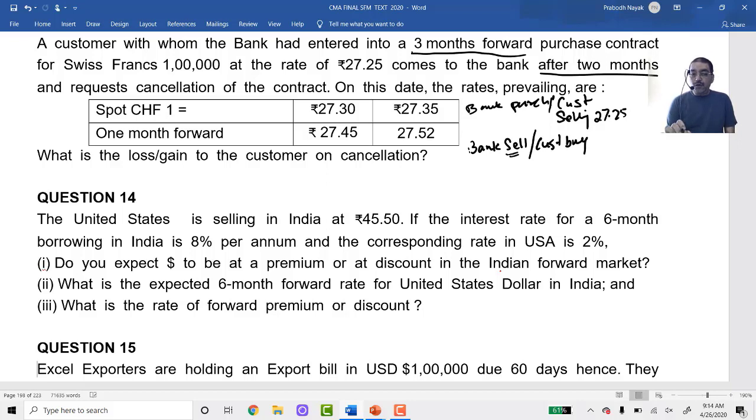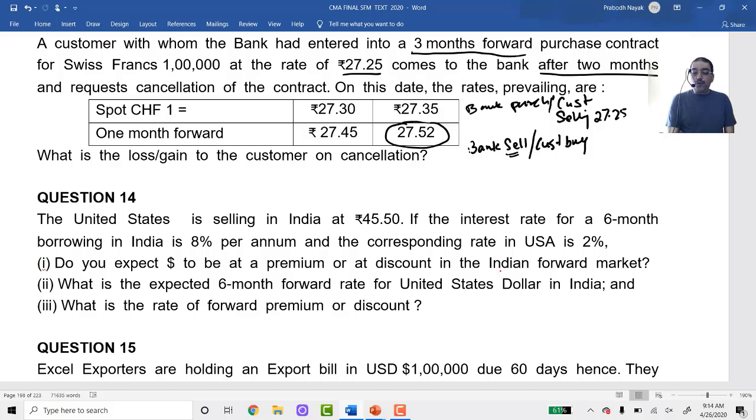Bank will sell. We are supposed to look at the rate from the bank's point of view. Bank will sell at the ask rate. Ask rate means after 2 months, 1 month forward ask rate, 27.52. So the rate applicable is 27.25 original and afterwards it is 27.52.